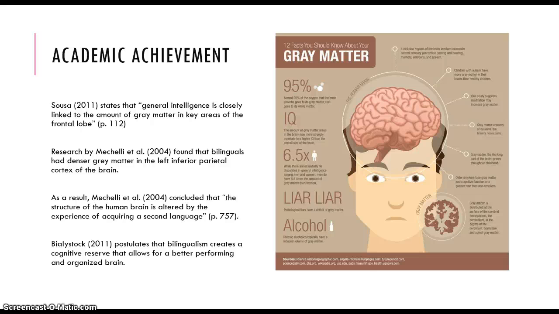So we're seeing a physical and a neurological change happening by acquiring the second language. Bialystok also postulates that bilingualism creates a cognitive reserve that allows for a better performing and organized brain. Simply put, the brain is able to conserve its resources and know what needs more effort and what does not, and allows the brain to more efficiently organize itself in its thought processes.